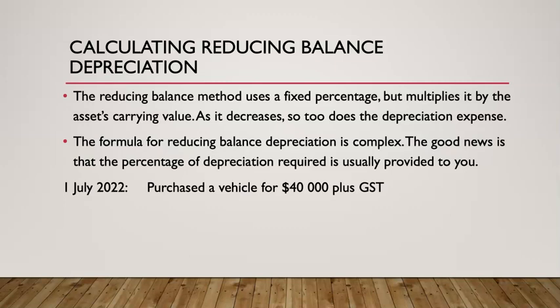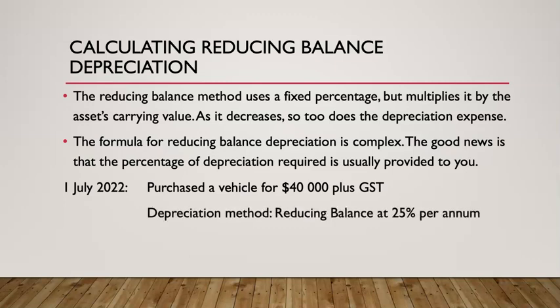As an example, on the 1st of July 2022, this business purchased a vehicle for $40,000 plus GST. We have the cost of this asset, $40,000, because remember, we never include the GST. We know that the depreciation method is reducing balance and the percentage is 25% per annum.